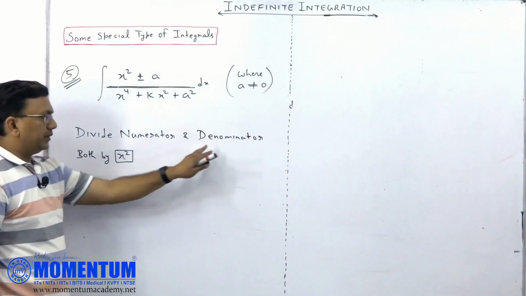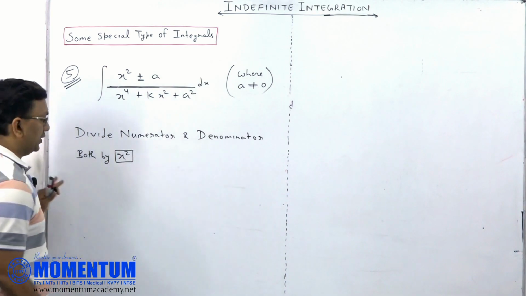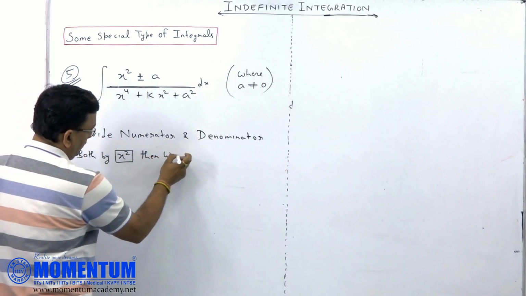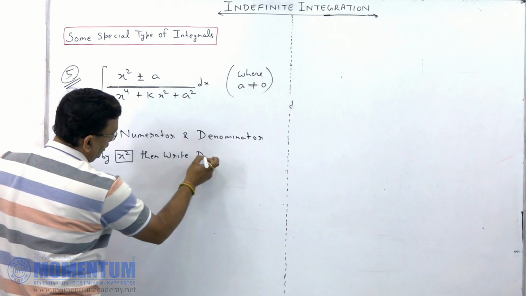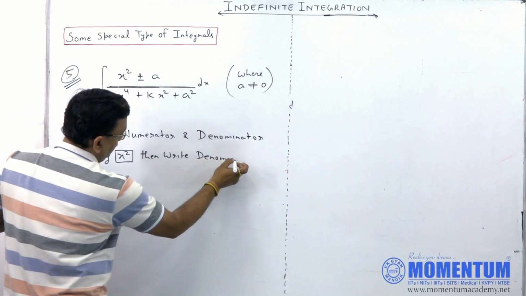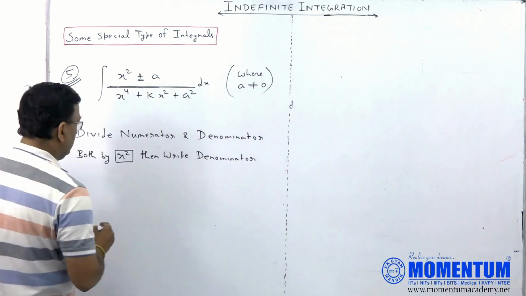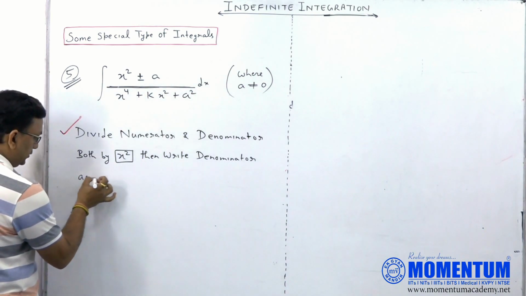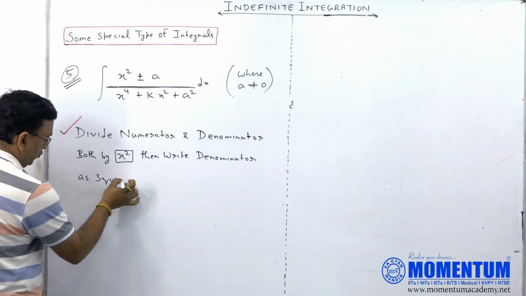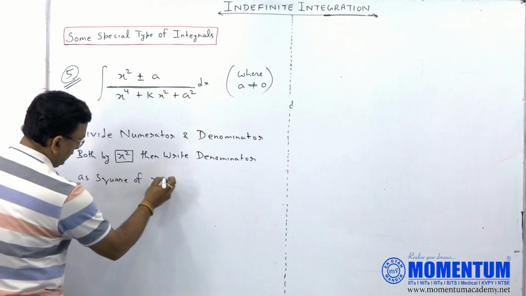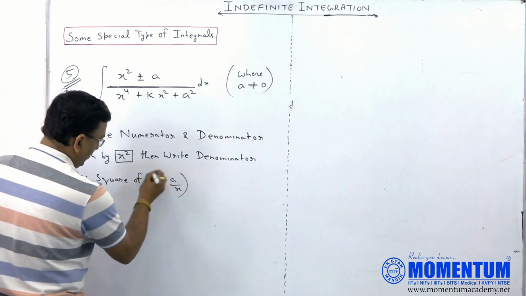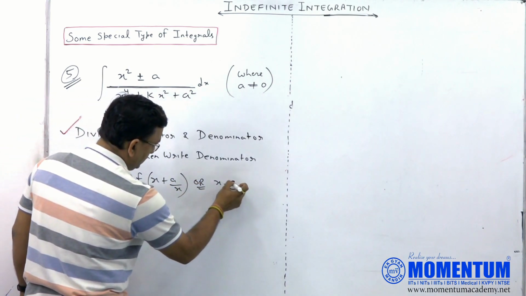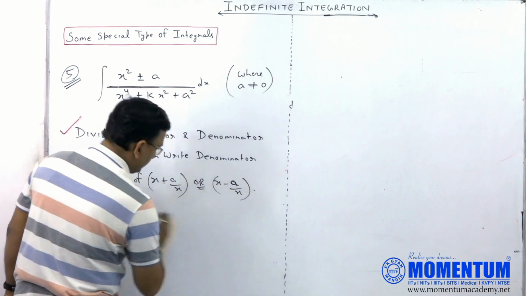Divide numerator and denominator both by x की power 2. Then write denominator as square of x plus a by x or x minus a by x.